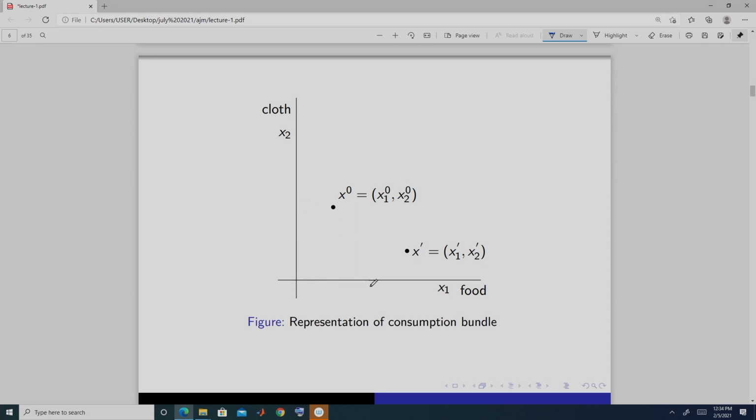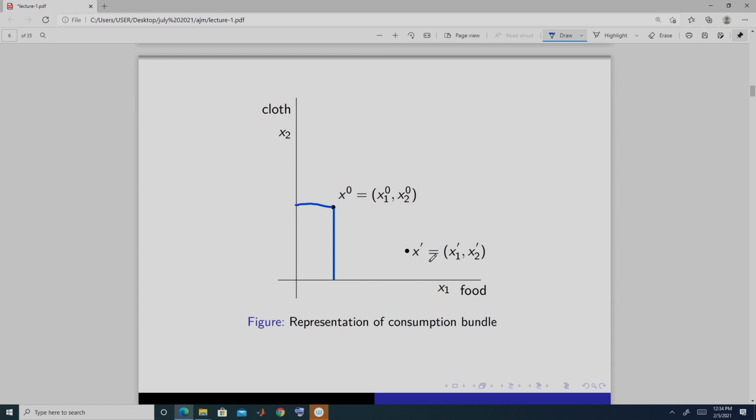Actually if we look at this axis, then each point here denotes one unit. Suppose this point, here this much amount of good 1 is demanded or is there. Then each point in this length determines one unit.